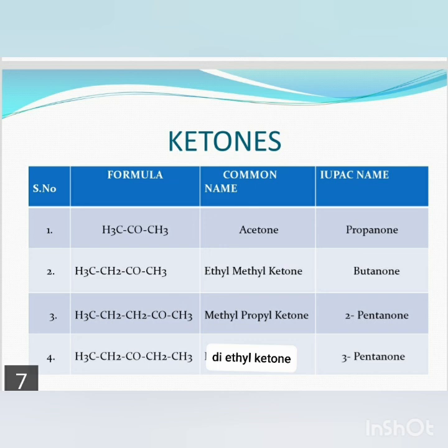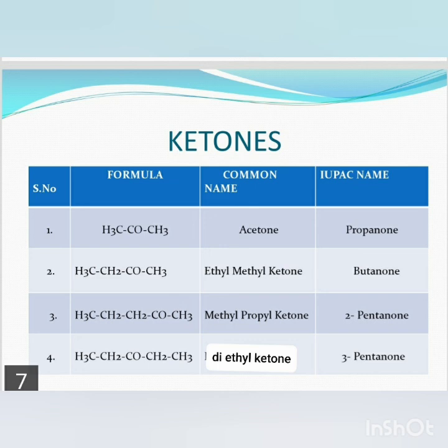So for example, the formula is CH3 C double bond O CH3. For this compound, the word root is C3. C3 means prop, right? And the primary suffix is "-ane" and the secondary suffix is "-one".